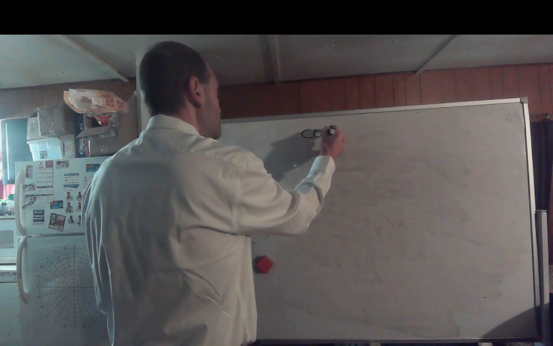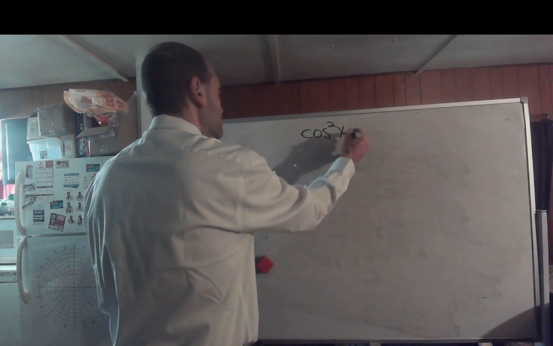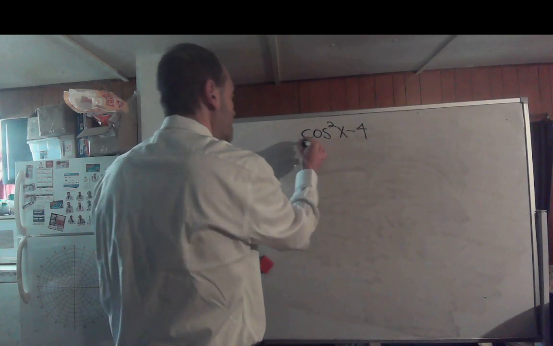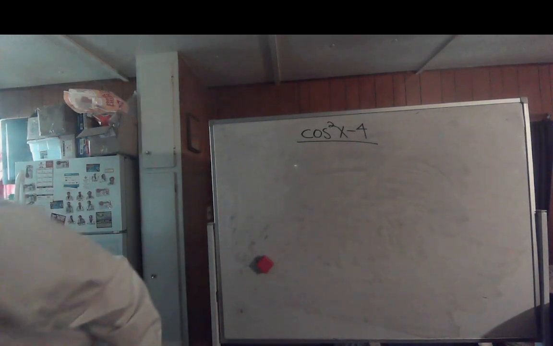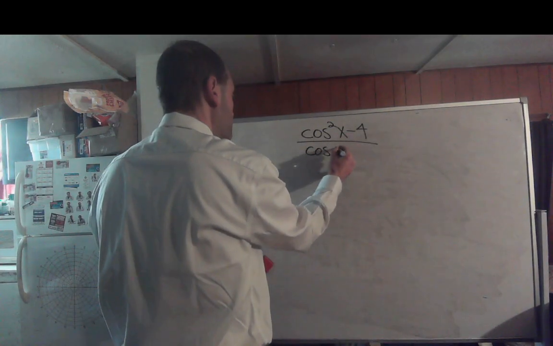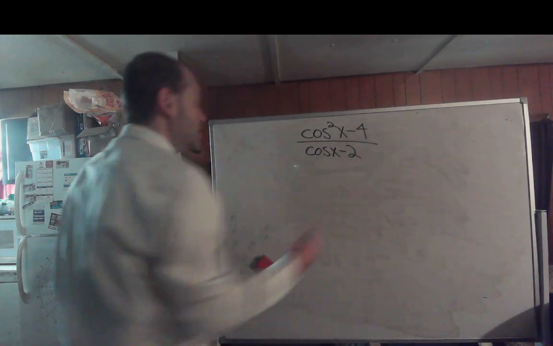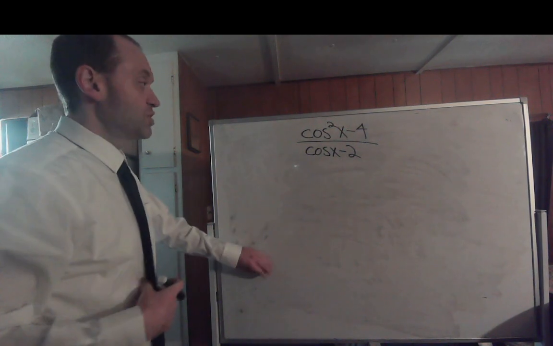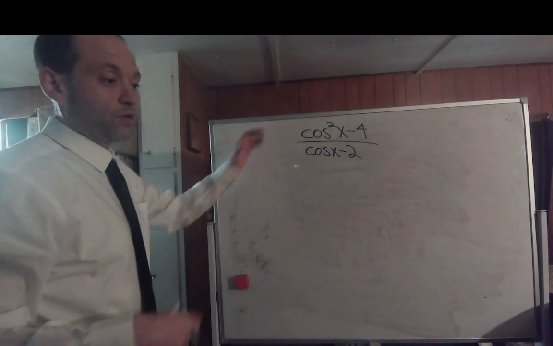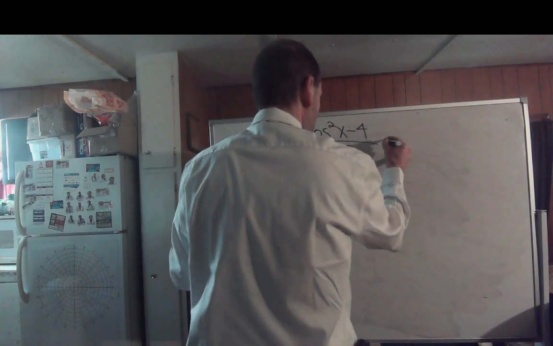Alright, so we have the cosine squared of x minus 4 all over cosine of x minus 2. Well, this isn't so bad. In the numerator, we have a difference of 2 squares.